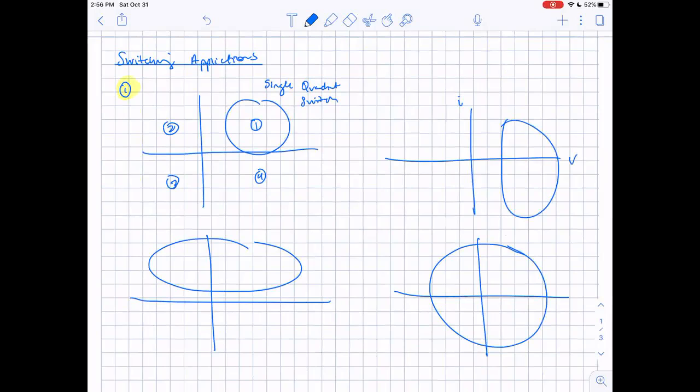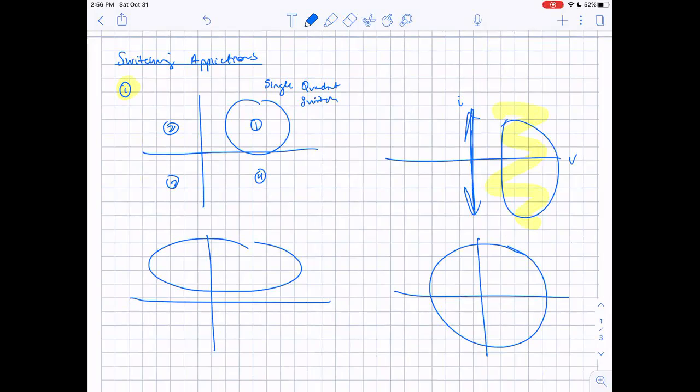So that's why we're both here and here. But it has to block positive voltage when it's off. So that's why it's only on this side, right? So that's the reasoning behind the positioning there.